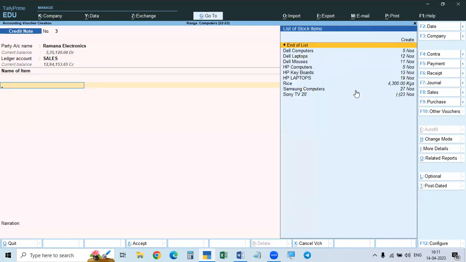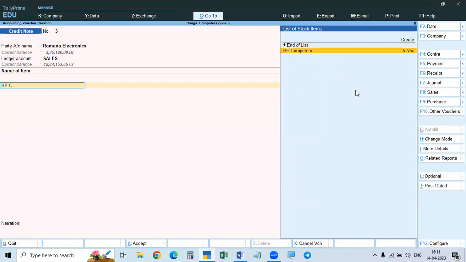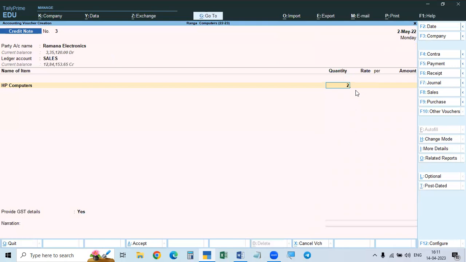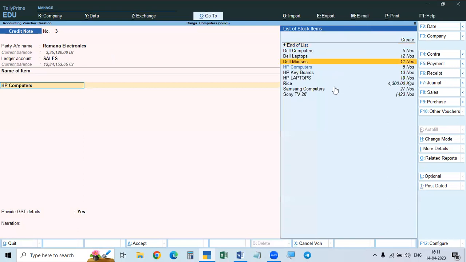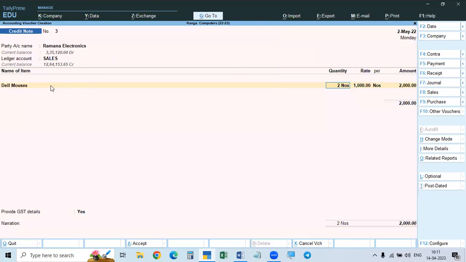So sales entered, and what is that? HP computer, two numbers, 36,000 rupees, and that's all, only one item. Because we have to enter only the difference of the quantity.